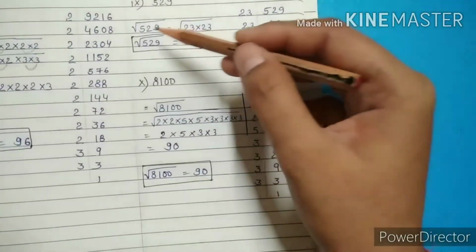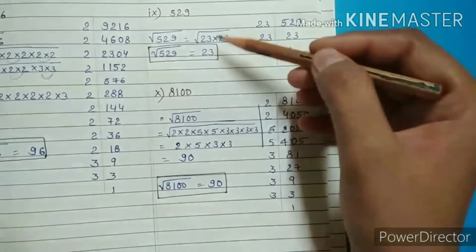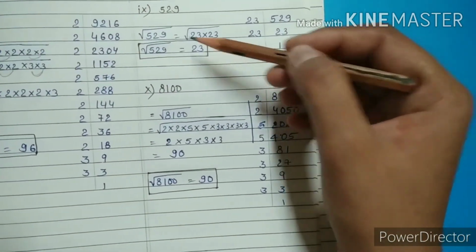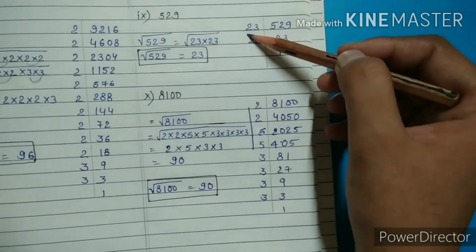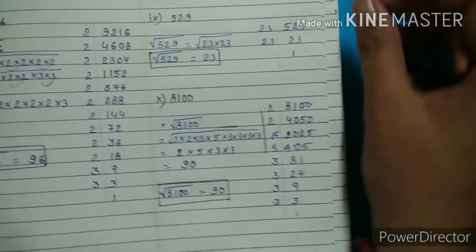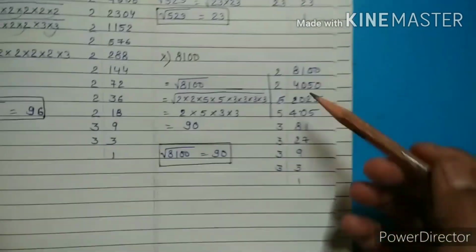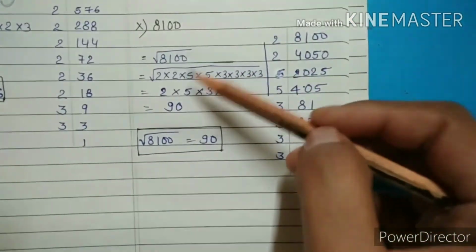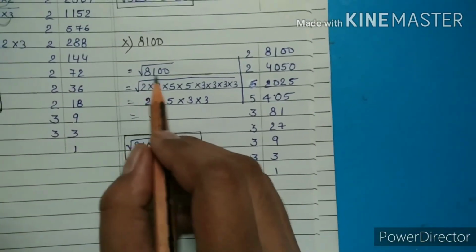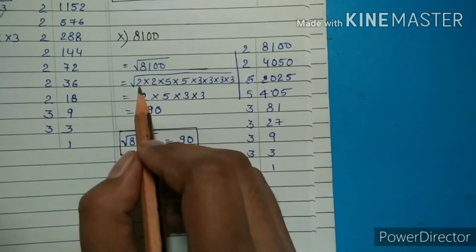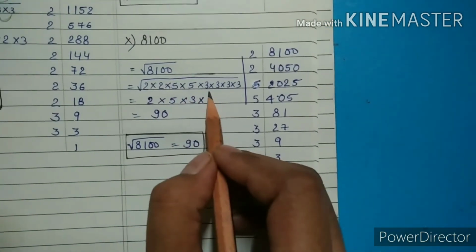Now the remaining question, the square root of 529 is 23, because 529 is only coming in the table of 23, and 23 is only coming in the table of 23. Same is here, 8100. Its prime factors are 2 into 2, 5 into 5, 4 times 3.